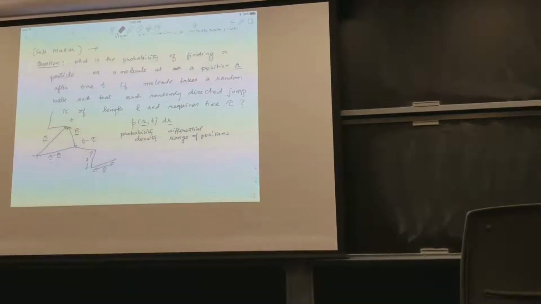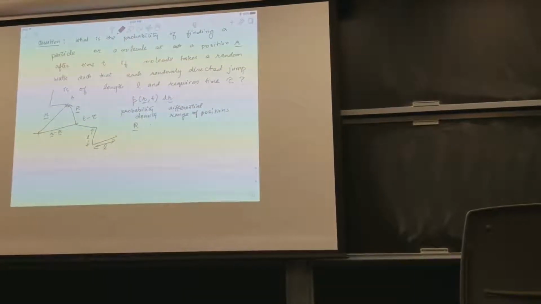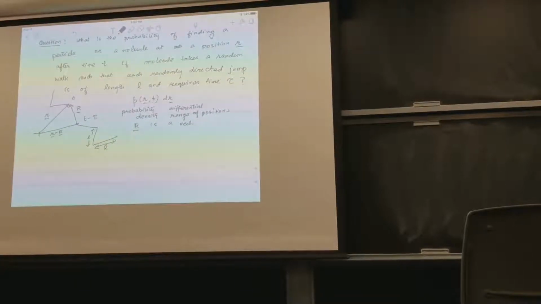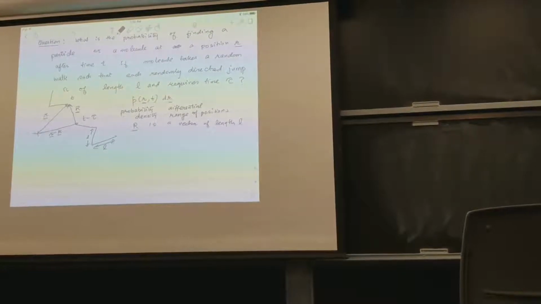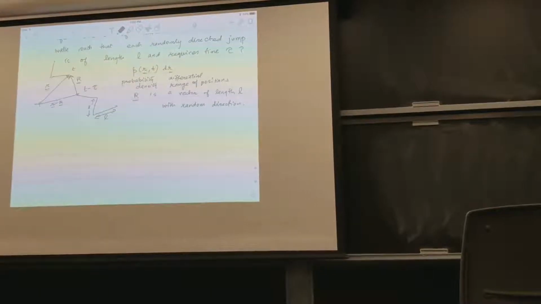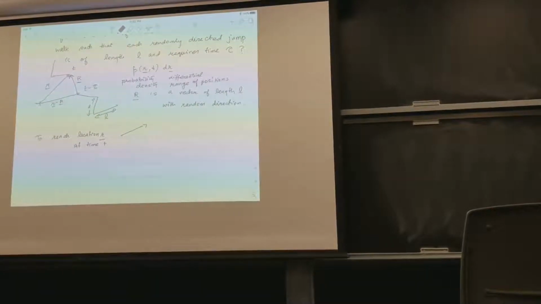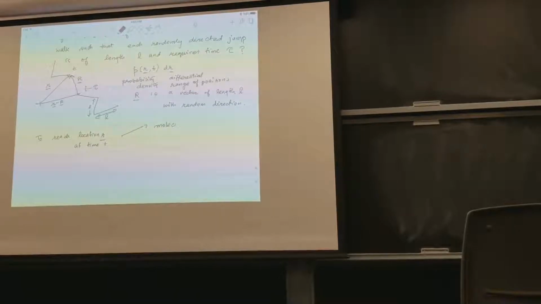So that's our probability. R is a vector of length L with random direction. So if I have to get to R, I need to worry about 2 things. One, I have to be 1 step away from R.